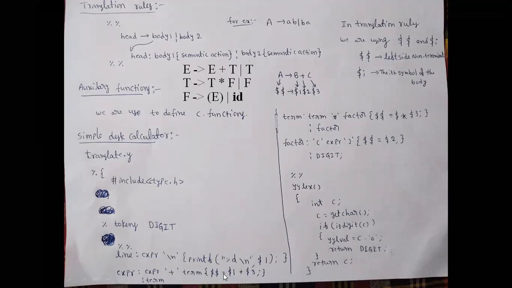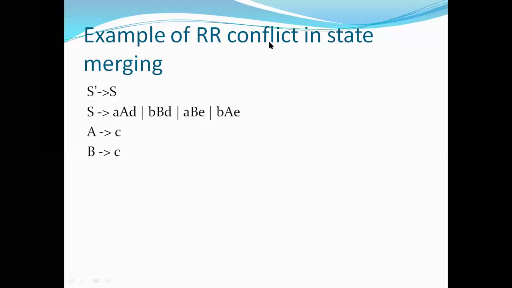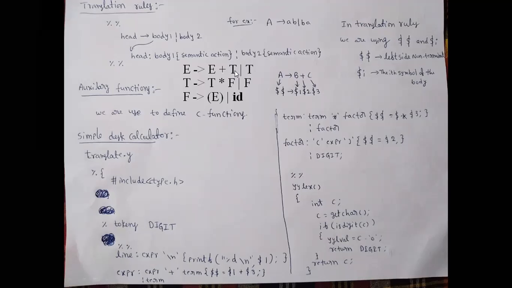Production is nothing but the equal symbol, and E plus T is the body. Then E is $1, where the index means the ith symbol of the body. So $1, plus is the $2 value, and we use $3 as the term. This is the semantic action.